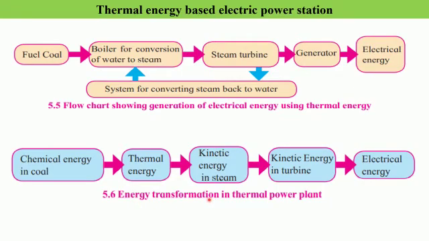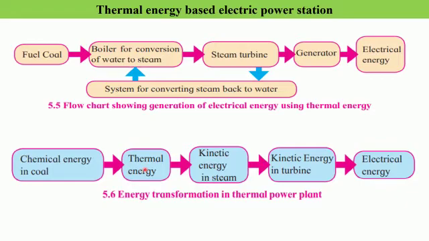Let us see the energy transformation in a thermal power plant. Chemical energy in coal. So the coal has got stored chemical energy inside it. It is converted to thermal energy, that is heat energy. This heat energy is then converted into kinetic energy in steam, because here we have heated the water.